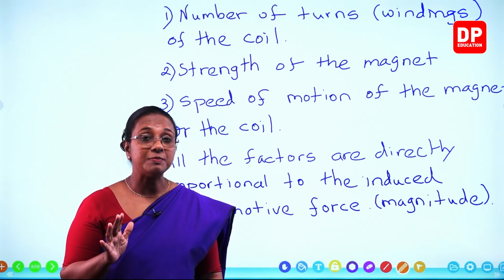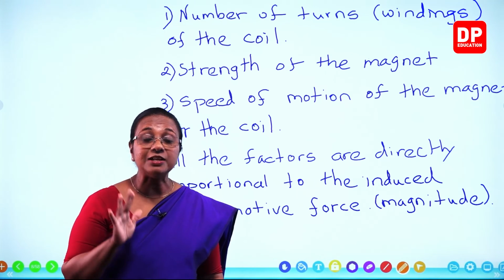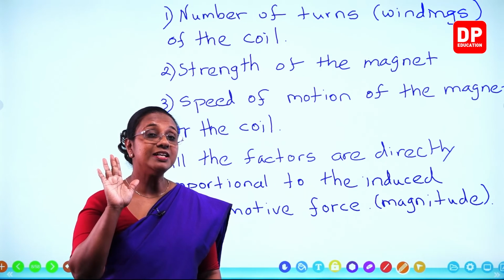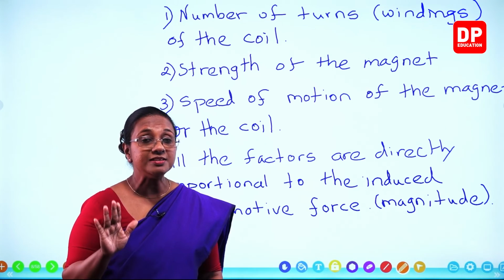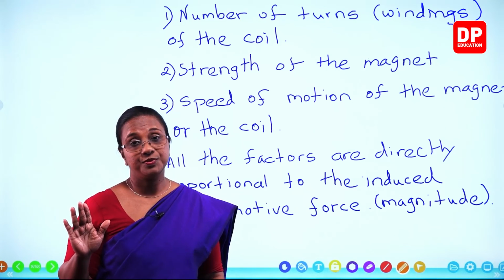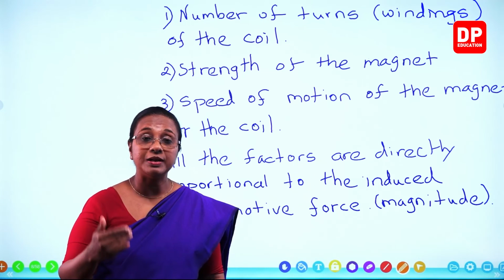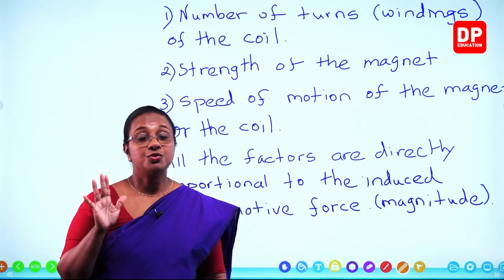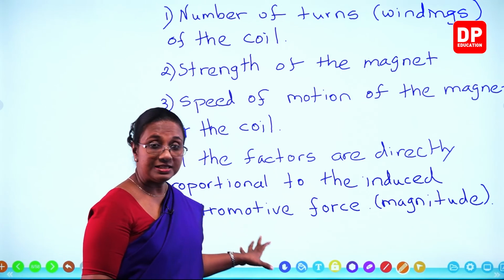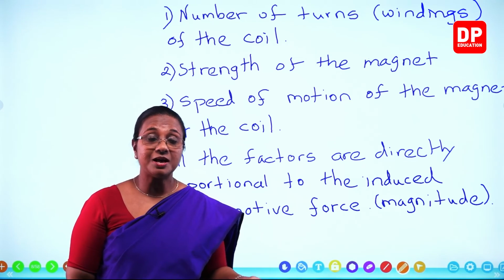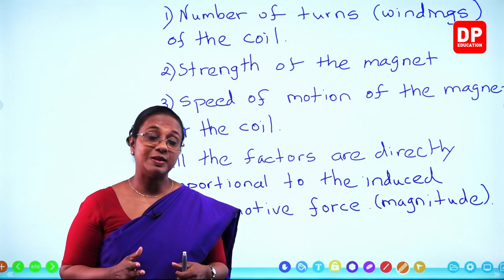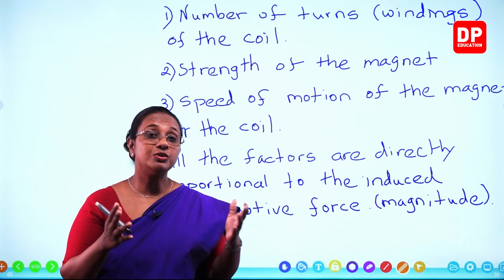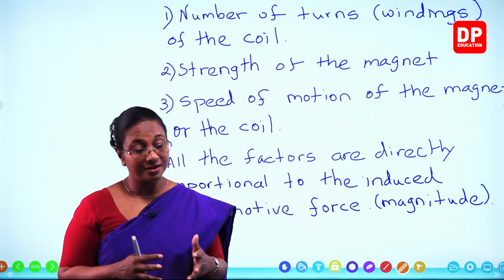Here you have to remember students, when it is electromagnetic induction, it is the right-hand rule. Fleming's right-hand rule. So we will use that to predict the direction of the current flow. With that, students, I am going to end this chapter, and in the next chapter, I will start by explaining Fleming's right-hand rule, which is used to determine the direction of the current flow.